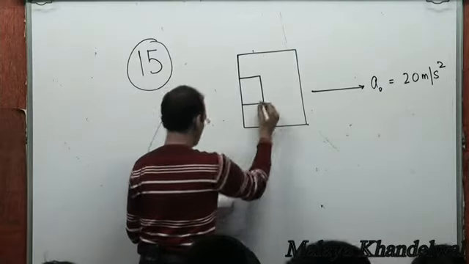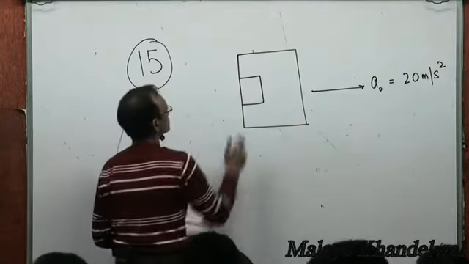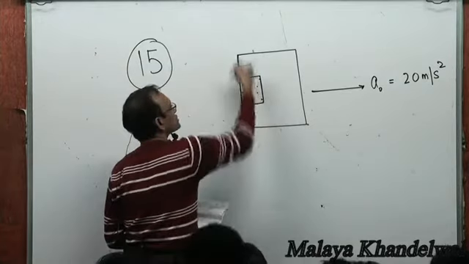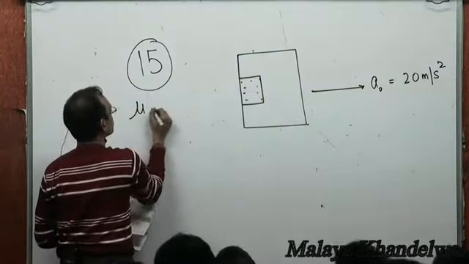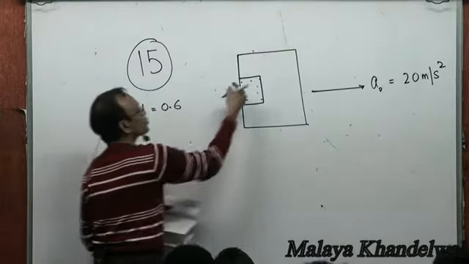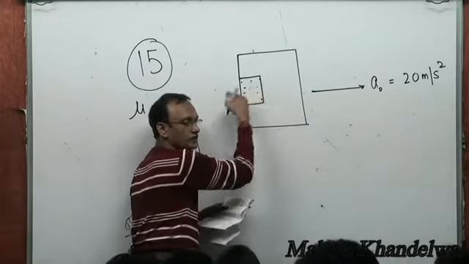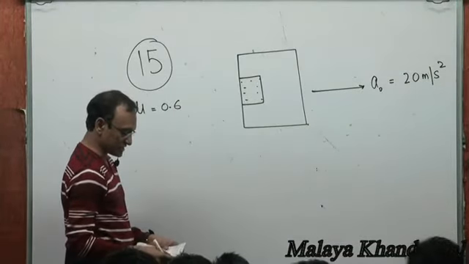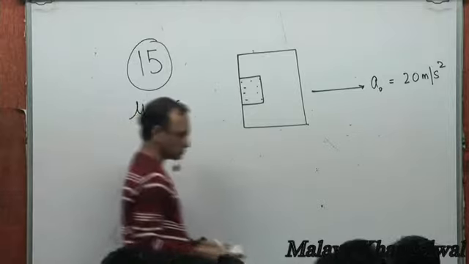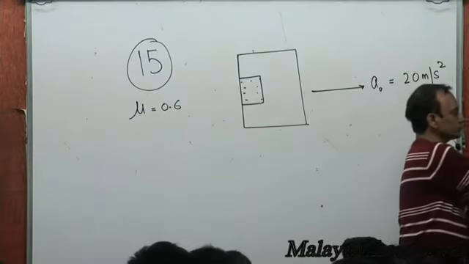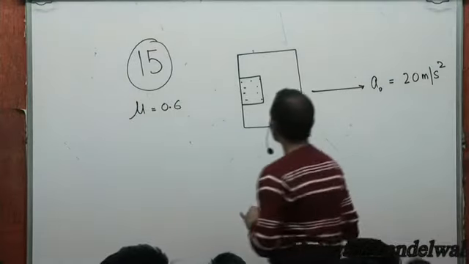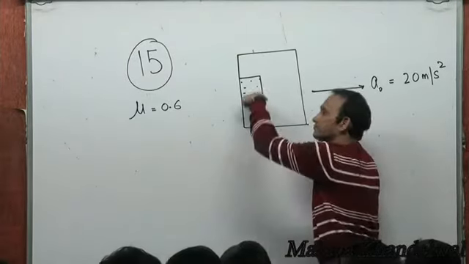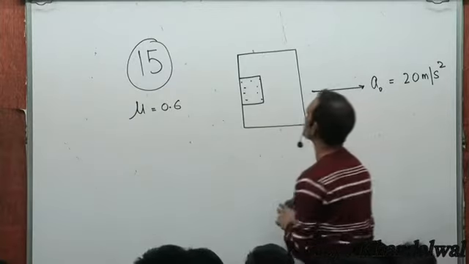There is a block here, and the coefficient of friction between the block and this vertical wall is given to be mu equal to 0.6. G is 10 meters per second squared. Now, we will assume that the block maintains contact with this. Right? It maintains contact with this.